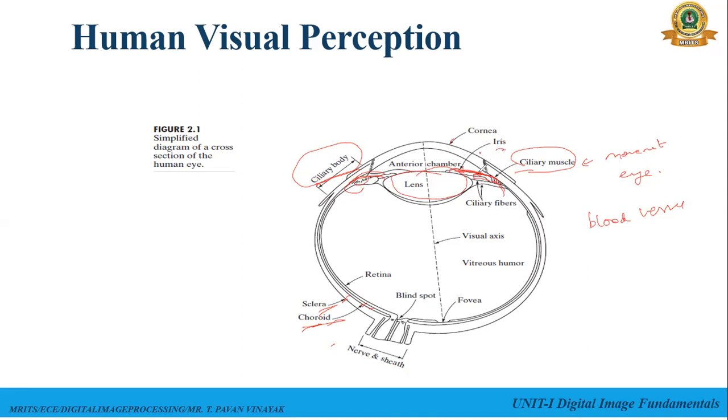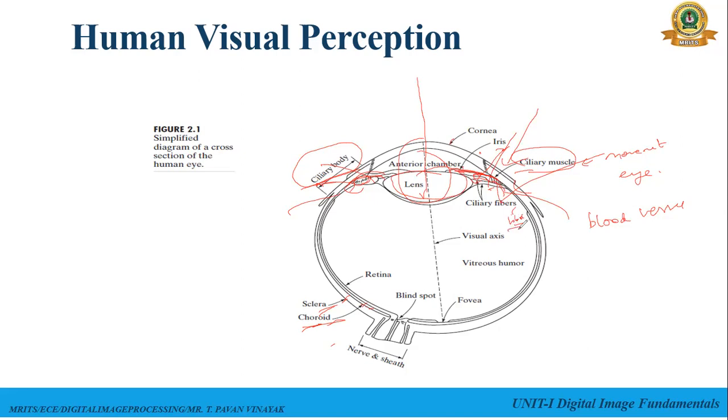The use of this iris is it doesn't allow any other light. Generally, whatever light we view enters through the lens, only this part. So the light doesn't enter through this part. If it enters from this part, it affects the blood vessels.